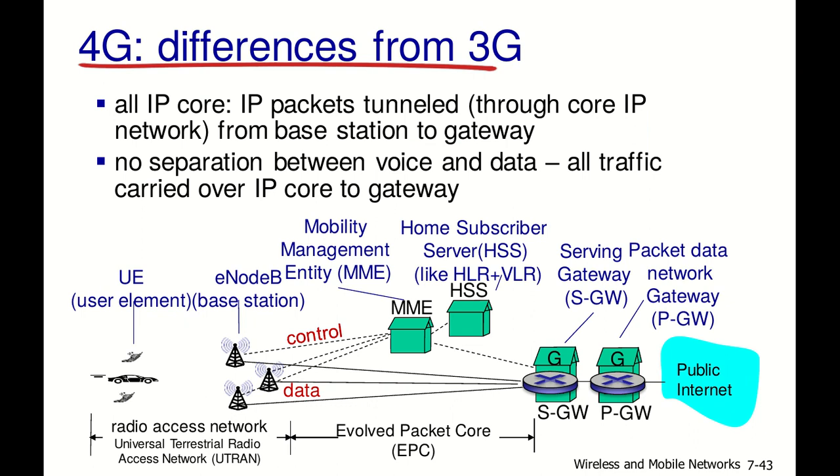Alright, so to forward the data from the E node B or base station to the serving gateway, 4G is using tunneling. So this is an all-IP core, from the E node B to the serving gateway up to the public internet, right? And this is done through tunneling. Okay, and then there is no separation between voice and data. That's the most important difference between 3G and 4G.